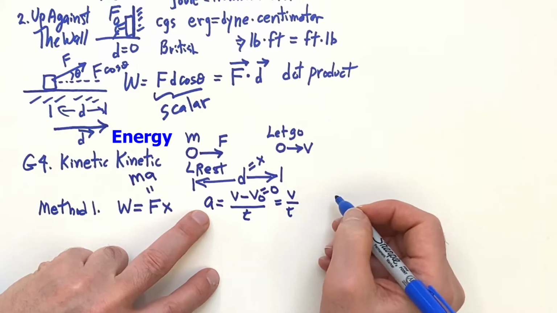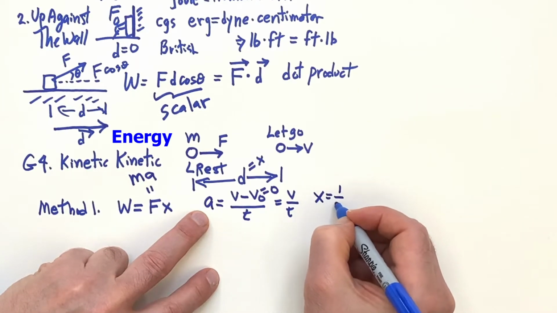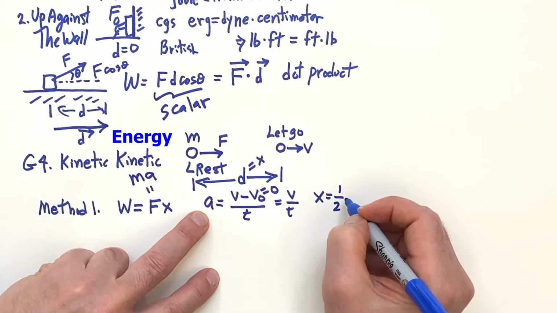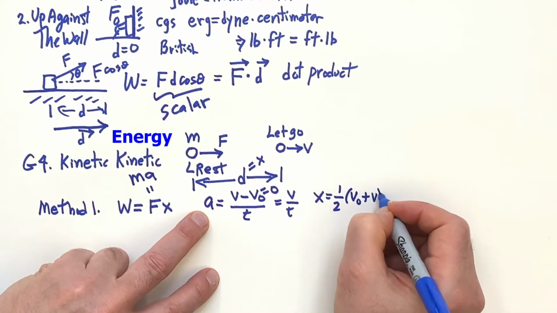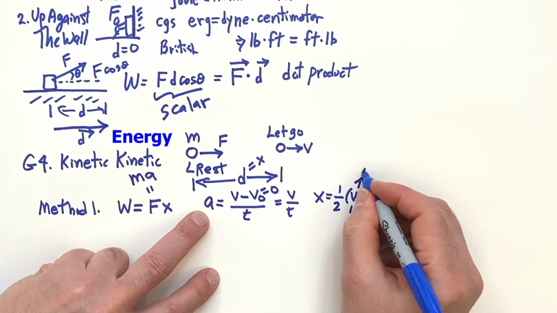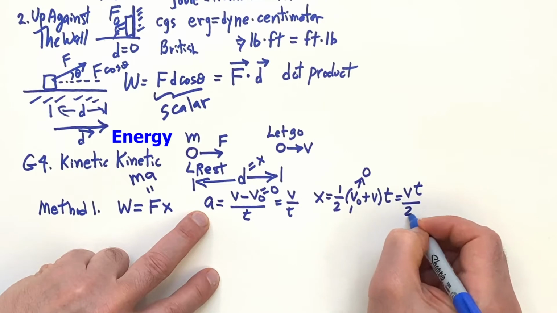And the distance traveled, you can get the distance traveled by this cool formula. These are 2 kinematic formulas we saw earlier. The average velocity times t, but since we're starting from rest, this is simply vt over 2.